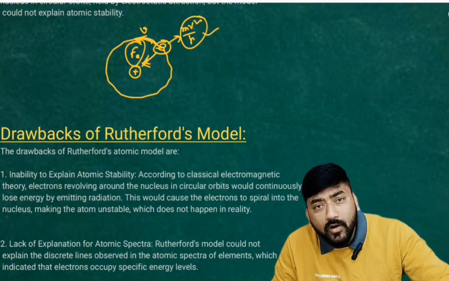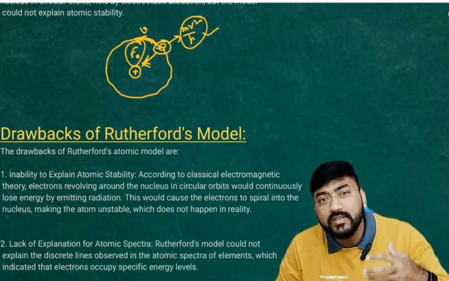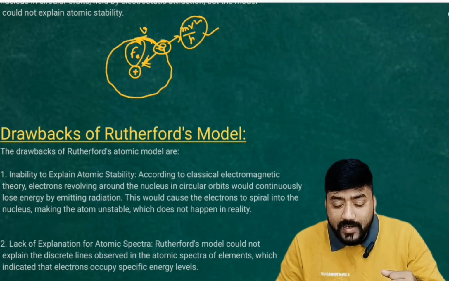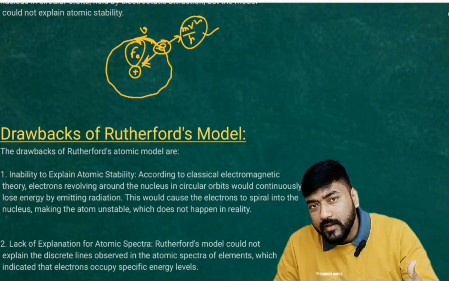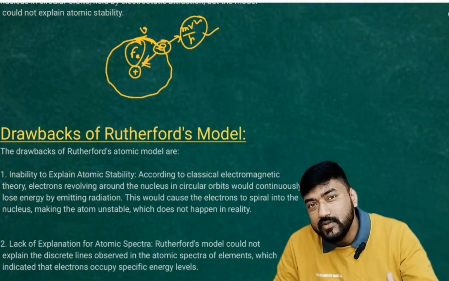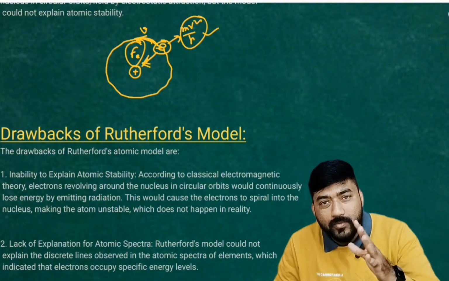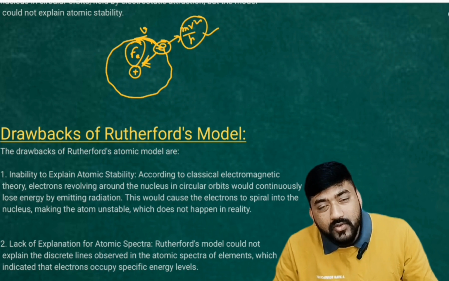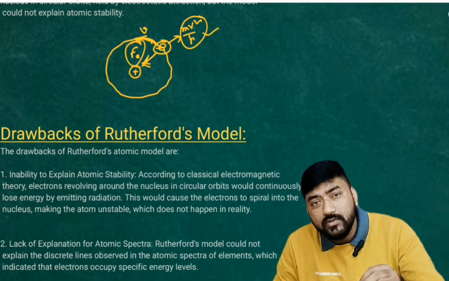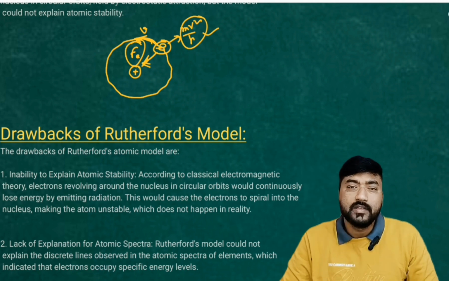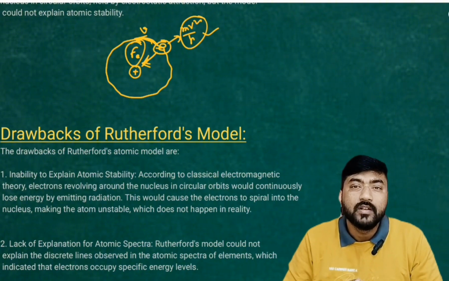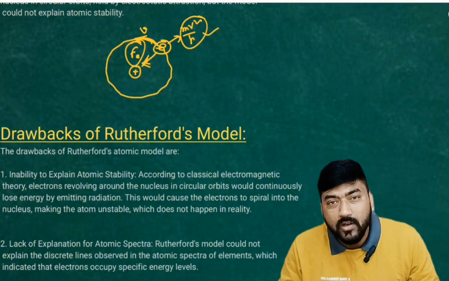So if the electron revolves around the nucleus, it will continuously radiate energy, and that's why its energy will at last be zero. The energy will be finished and it will drop into the nucleus. So according to that classical electromagnetic theory, the Rutherford model was not a stable model of the atom.